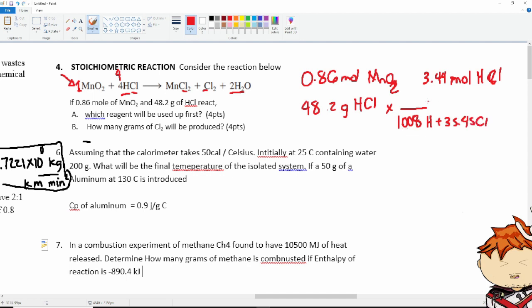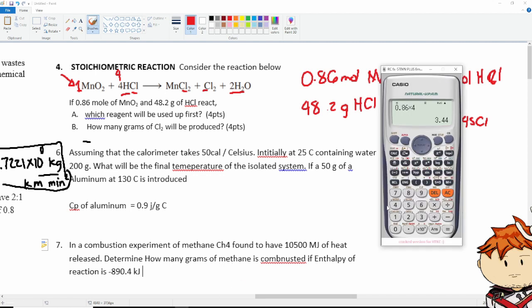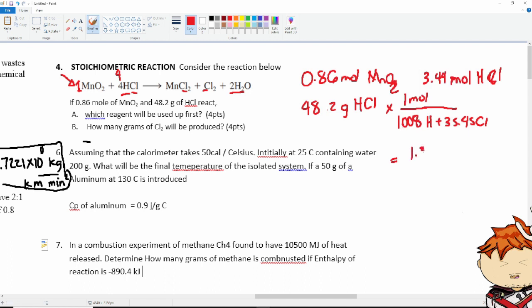That's grams per molecule. So how many molecules do we have? 48.2 divided by 1.008 plus 35.45 gives 1.322 molecules of HCl.